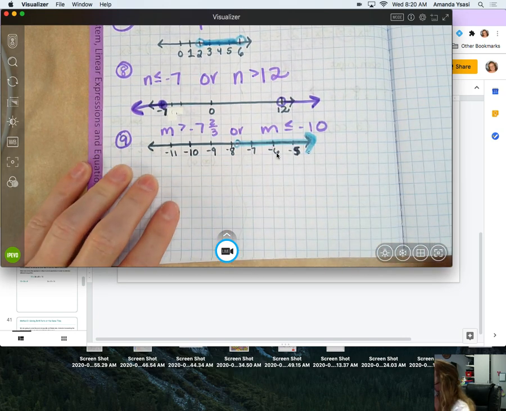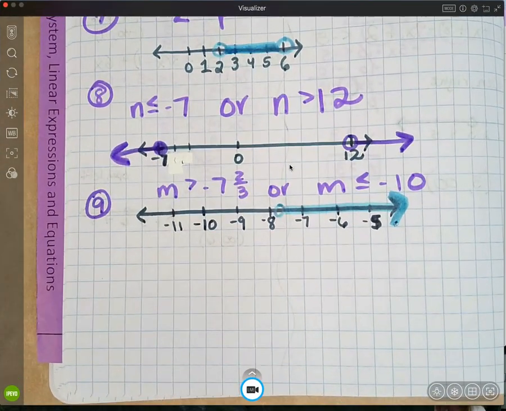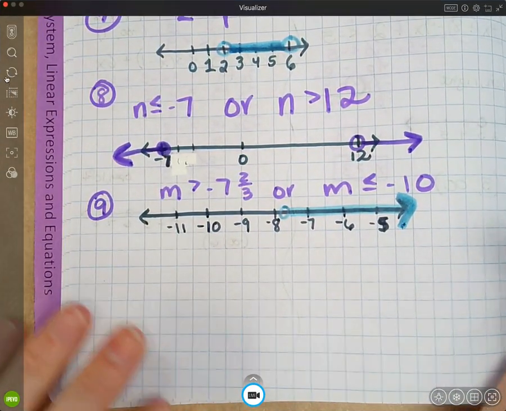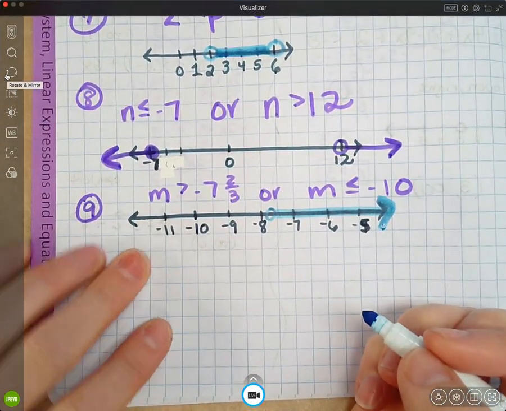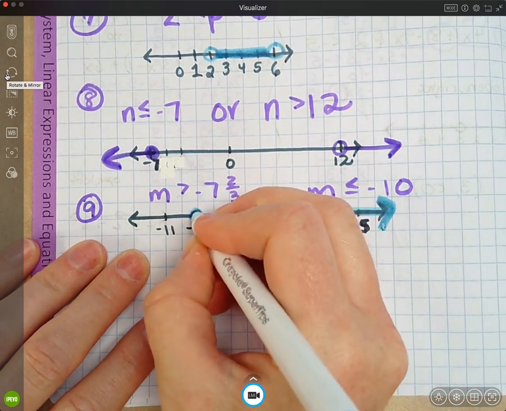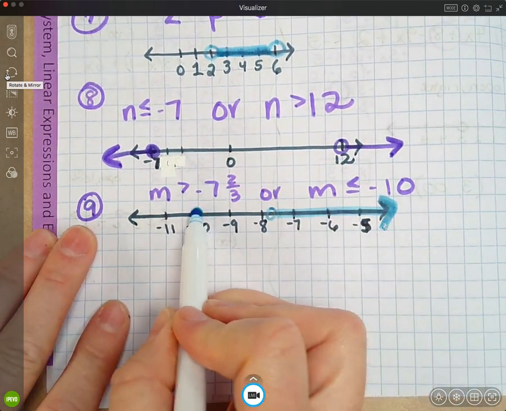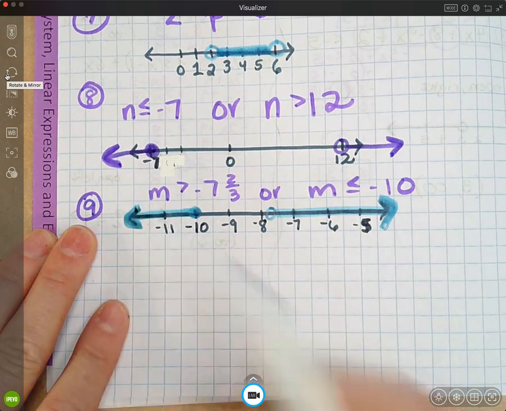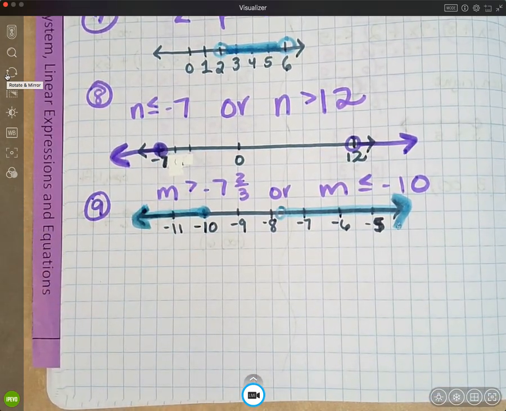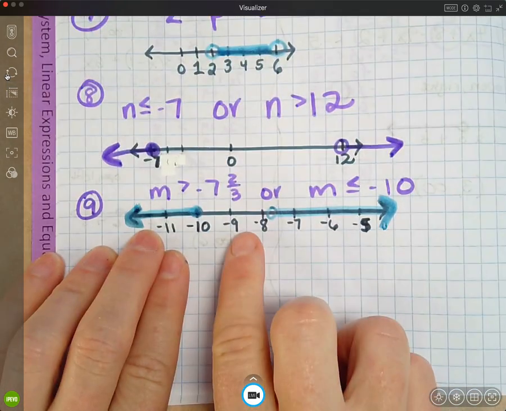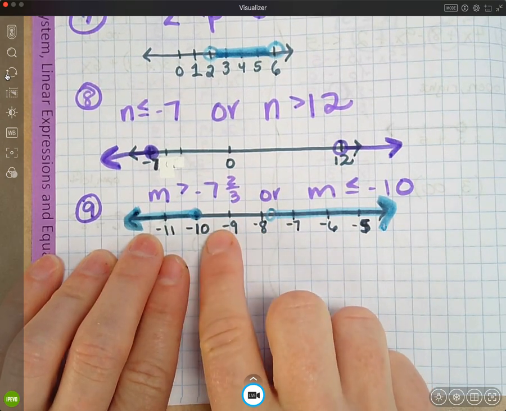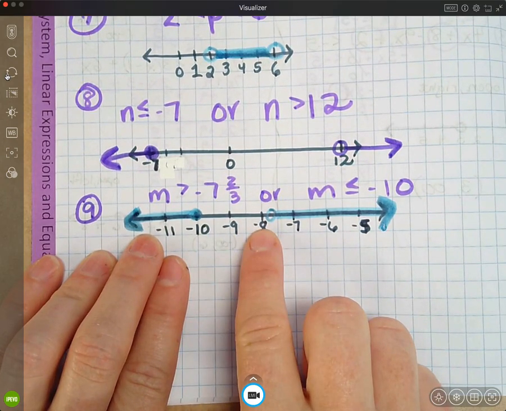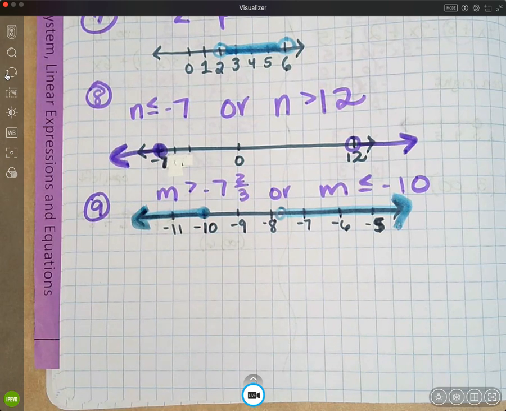That means it's going to be greater than. And then less than or equal to negative 10. So close. Less than means go left. So it's anything here, not including between negative 10 and negative 7 2/3.